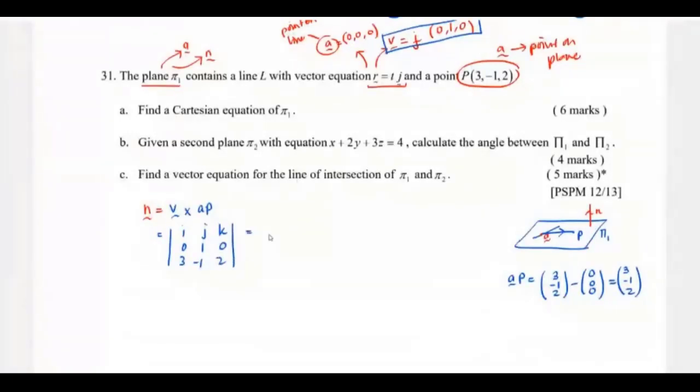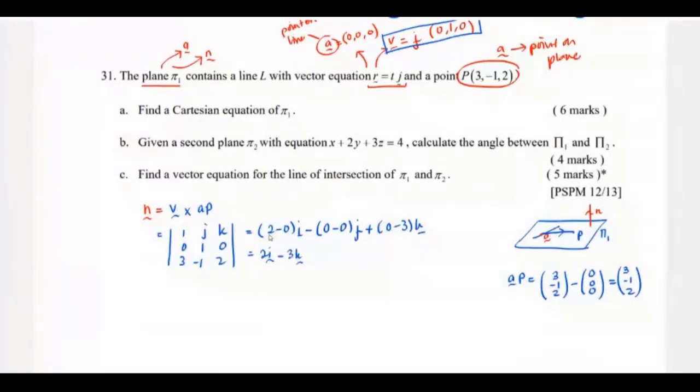Okay, so for the I component, we're gonna have 2 minus 0 I, and then for the J component will be 0 minus 0, and then for the K component kita dapat berapa? K component 0 minus 3. Okay, so directly your normal vector will be 2i minus 3k.